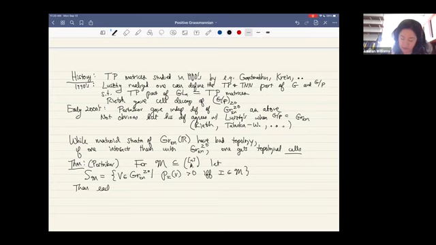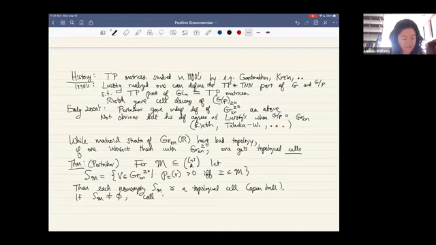Then each non-empty stratum S_M is a topological cell that is an open ball. And if it is non-empty, then we'll call M a positroid and S_M a positroid cell.